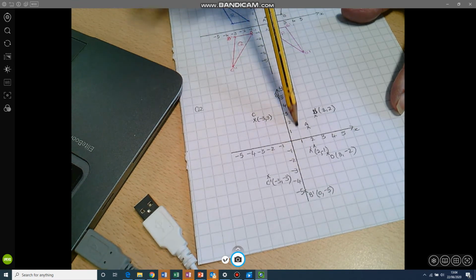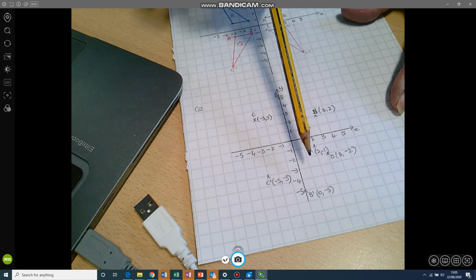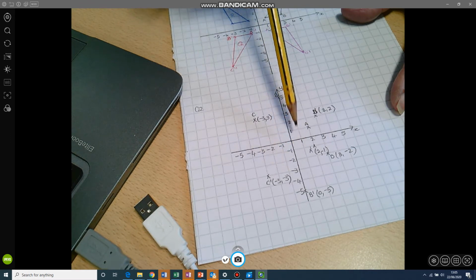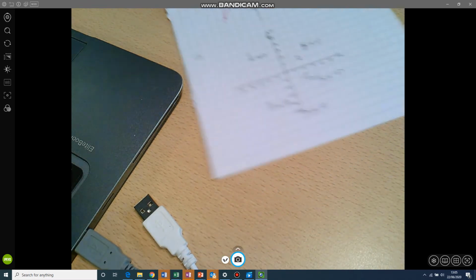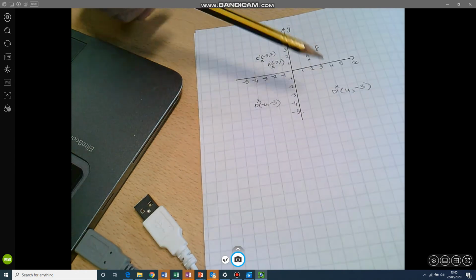If it was originally a positive value, it becomes a negative value, and if it was a negative value to start with, it becomes a positive value.